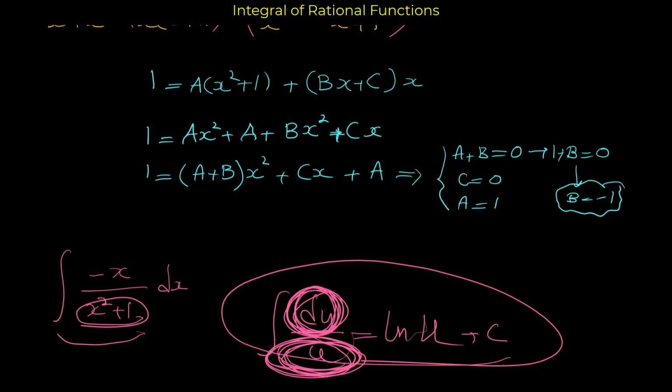If something is in the denominator and its derivative is exactly in the numerator, then the integral of that expression is ln of u. Let me repeat this again. When some expression is in the denominator and its derivative is exactly in the numerator, the answer of the integral is simply ln of u. You don't need to do u substitution and waste your time for that.